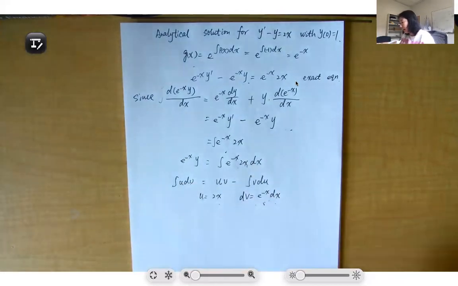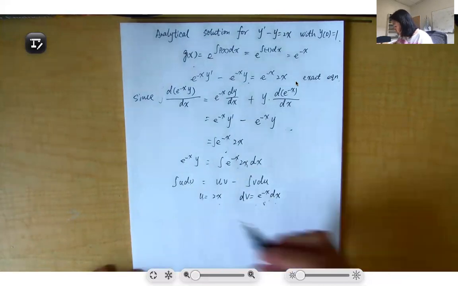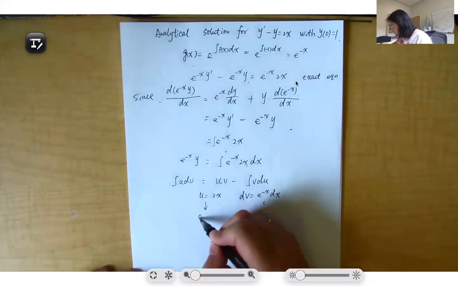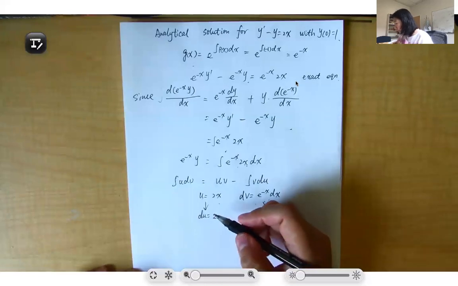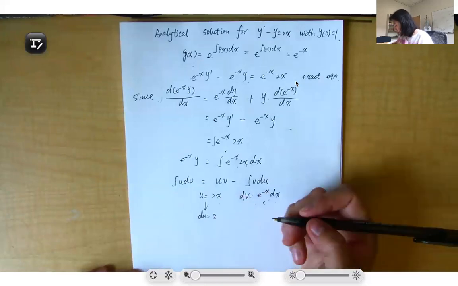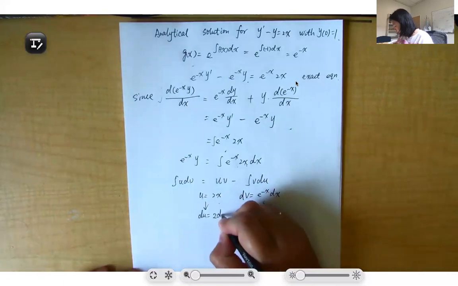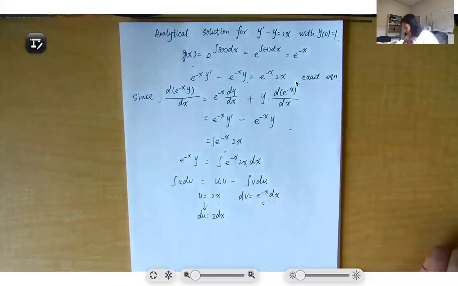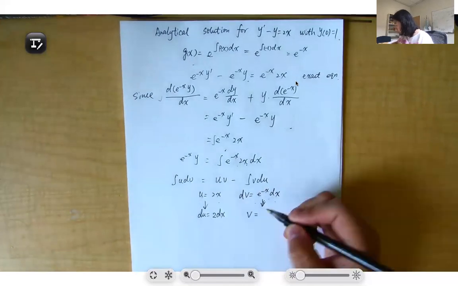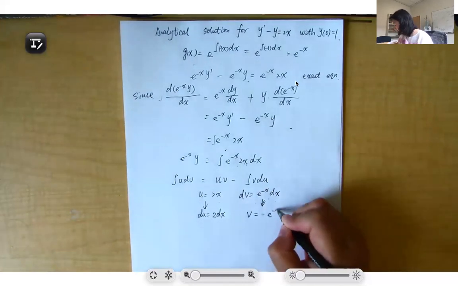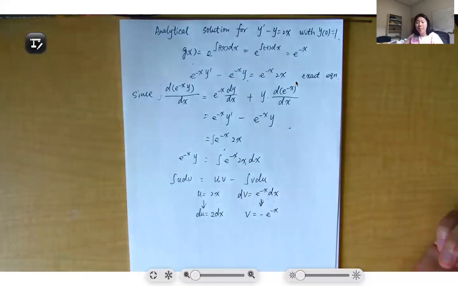Then you can get what our v is. So du will be equal to 2 dx, and v will be equal to minus e to the power of minus x.